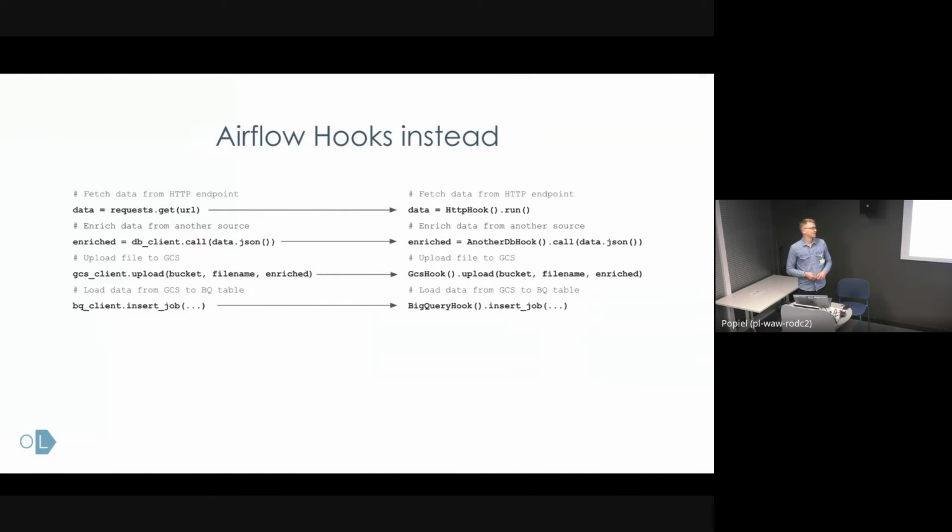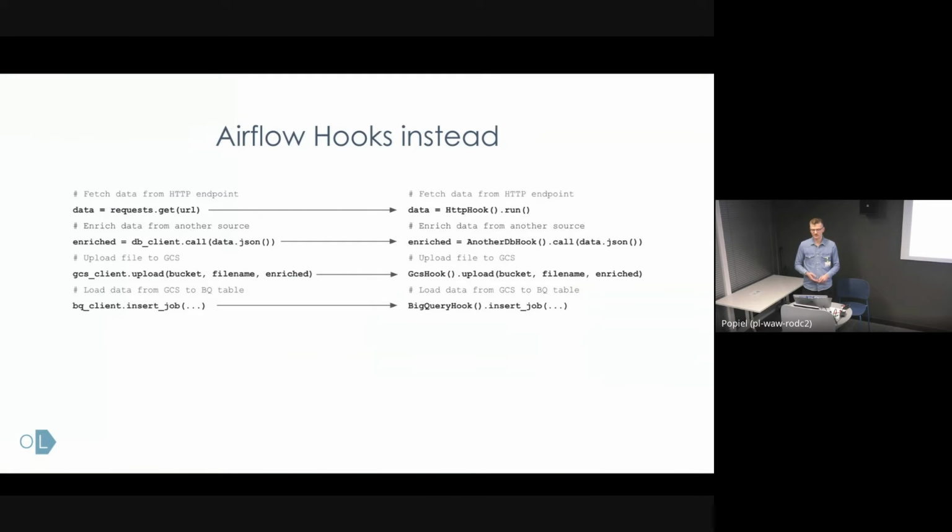The other drawback is that you need to use Airflow hooks. So instead of requests, you should use the HTTP hook, etc. I'm not really sure how many people use hooks instead of raw libraries, but for me, at least, the benefit of using hooks is that they're already well implemented.